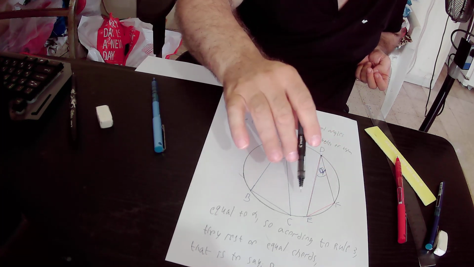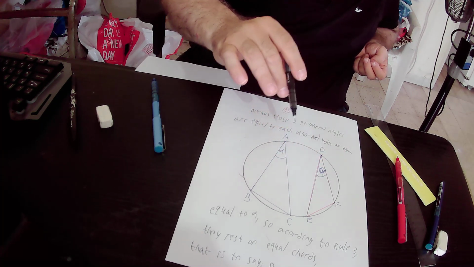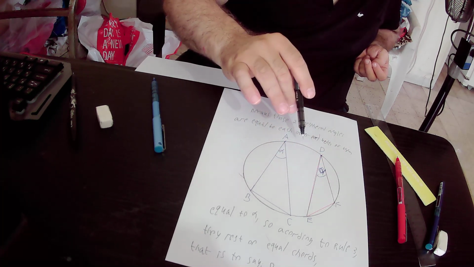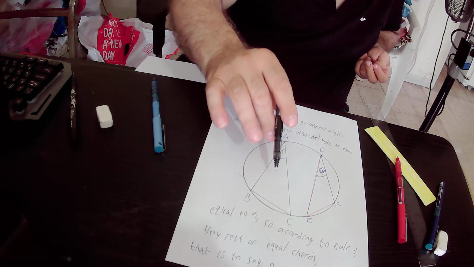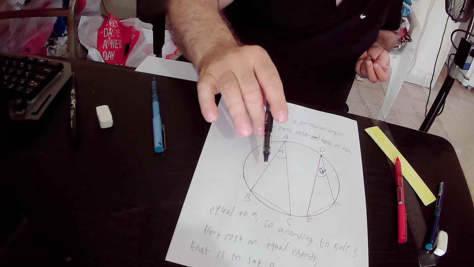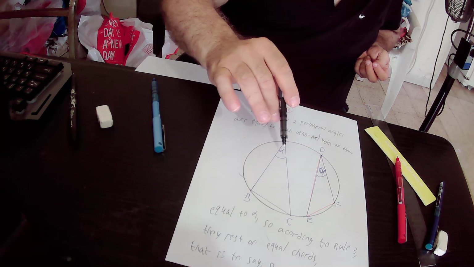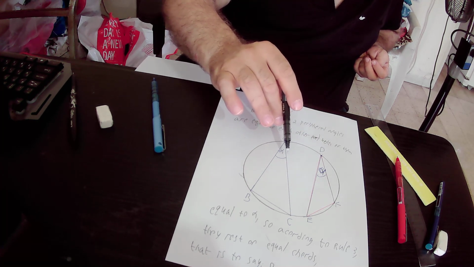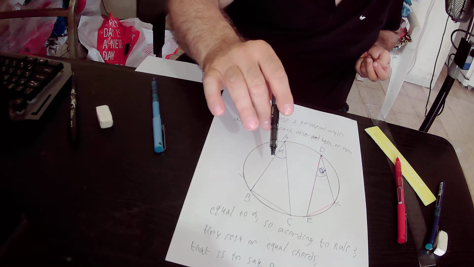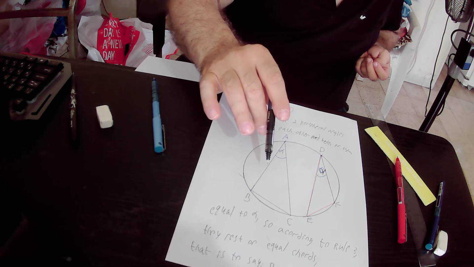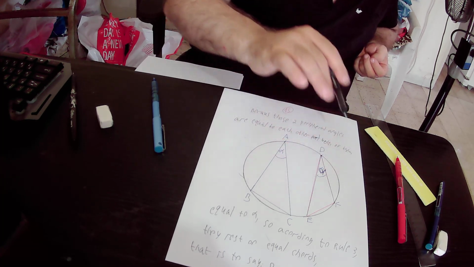So BC equals EF, because equal peripheral angles rest on equal chords. That is to say, BC equals EF.